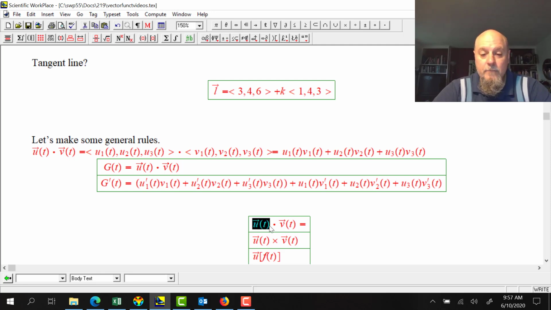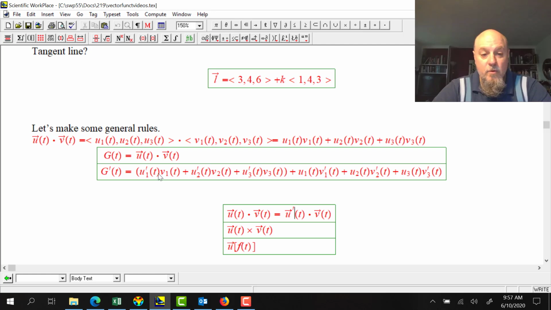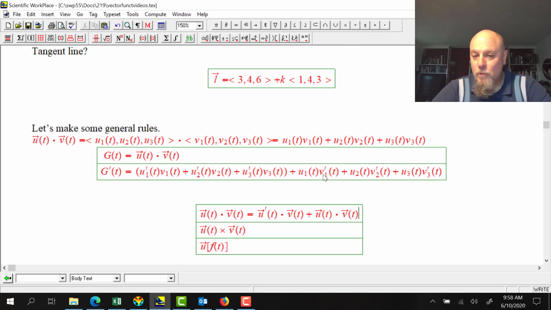So that looks like I took the derivative of the u vector and took the dot product of it with just v. This second piece looks like I took u, left it alone, and took the dot product with the derivative of v.